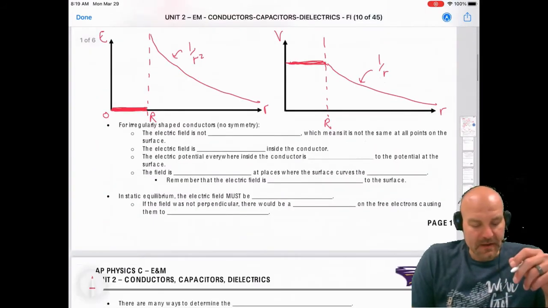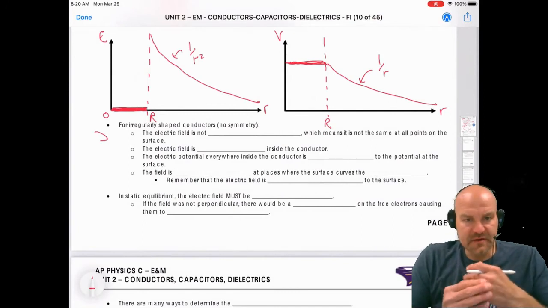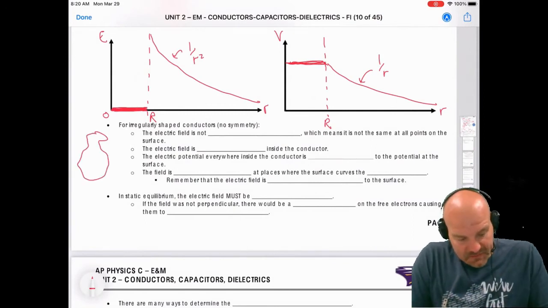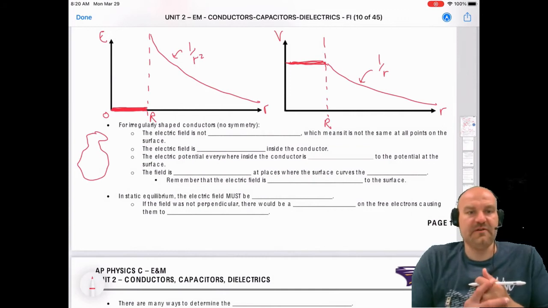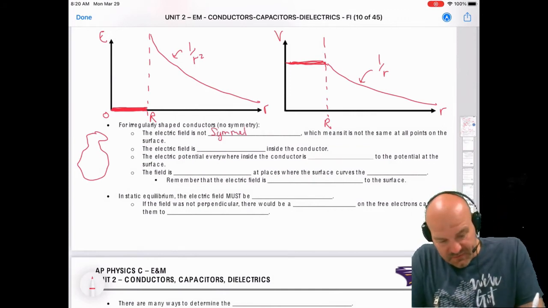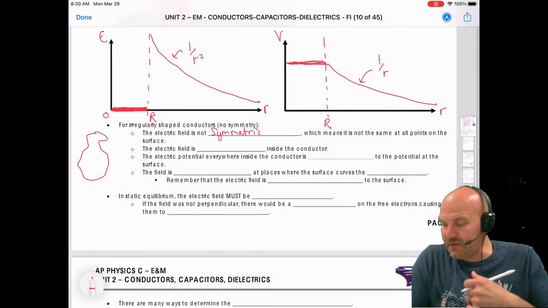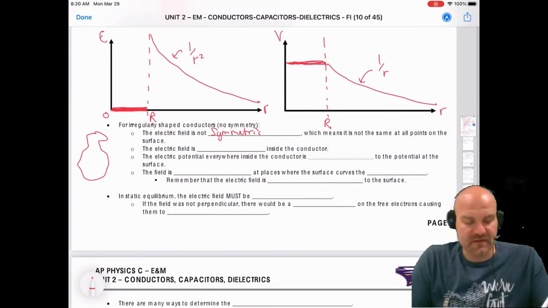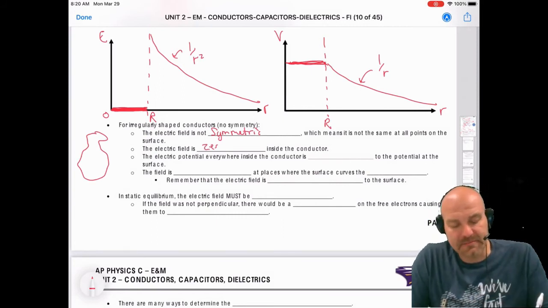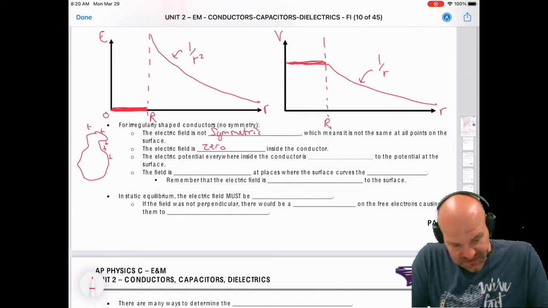Okay, so now for irregular shaped conductors where there's no symmetry, right? So something that may look like this. If you have a conductor that looks like this, one thing is that the field will not be symmetrical, which means it's not the same at all points on the surface, right? But again, because this is a conducting object, the E field inside will still be zero, and you'll still have all this excess charge sitting on the surface, right?